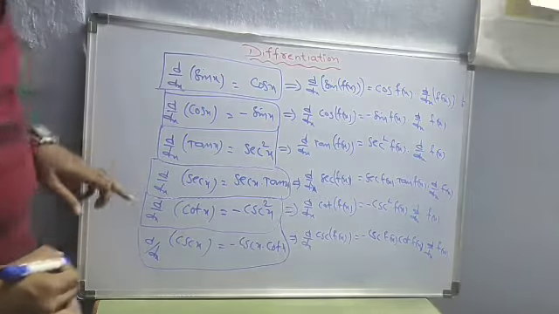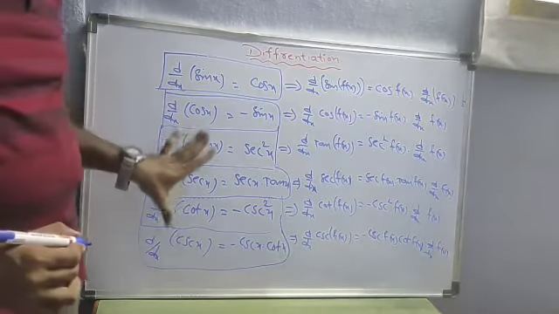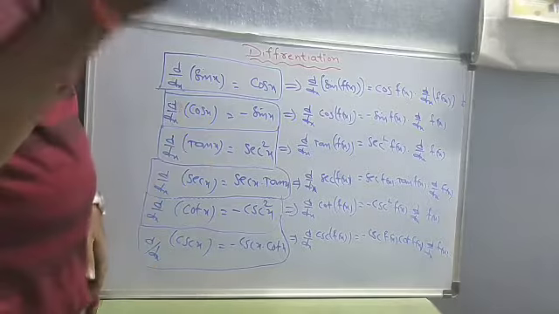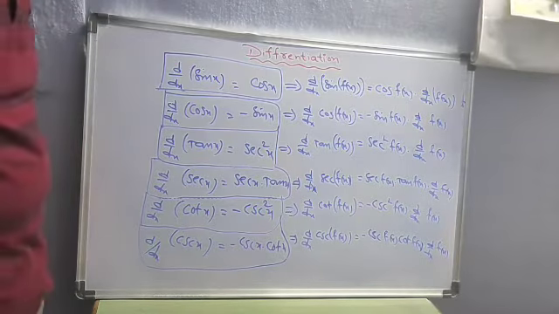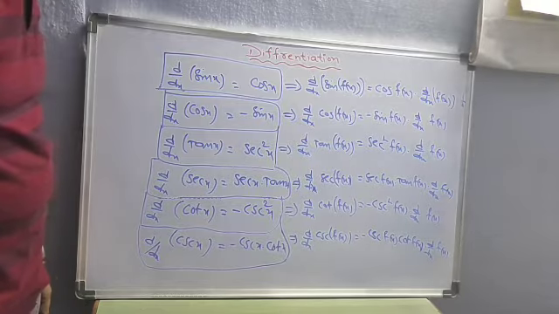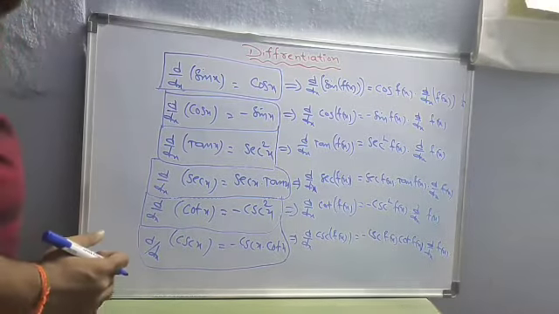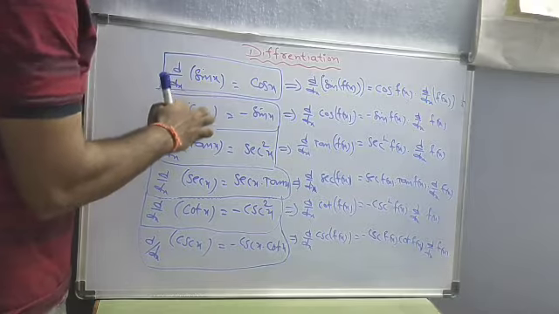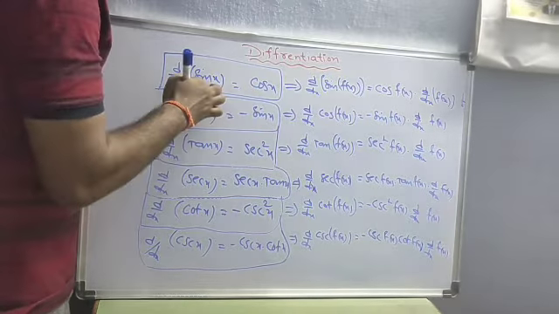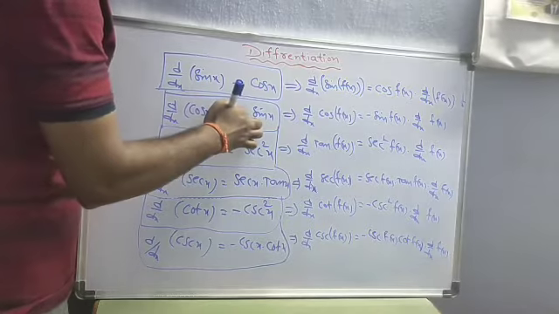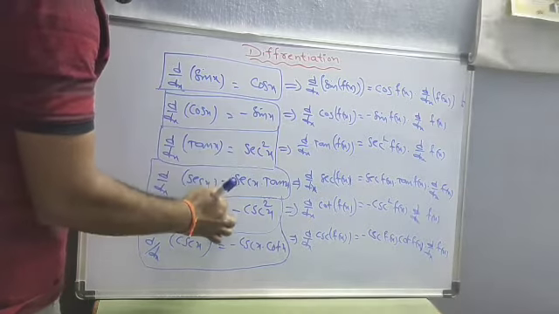Understand? So these formulas, first this format is most important. For remembering purposes, just observe that sine gives cos, and cos gives minus sine. Just forget about the minus signs.